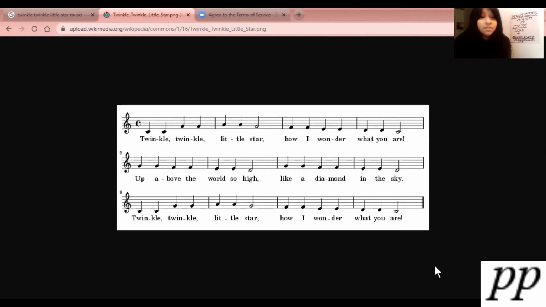Twinkle, twinkle, little star, how I wonder what you are. This is piano. This is mezzo piano.